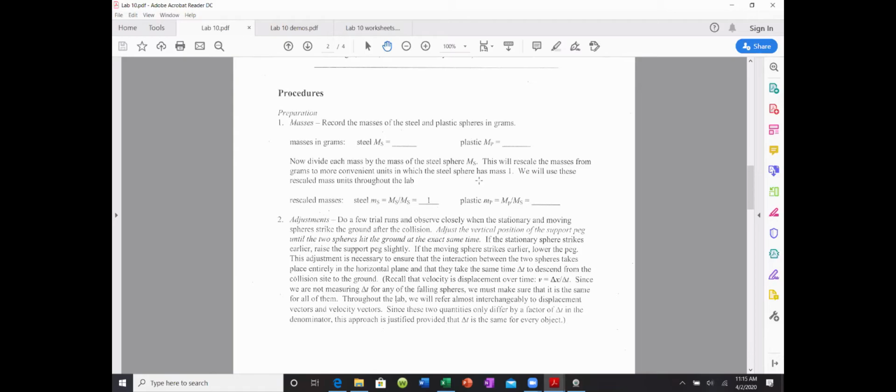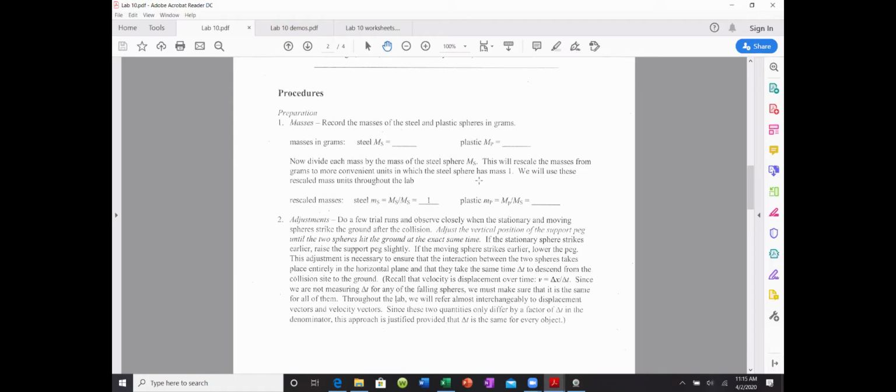So I called them rescaled units. Lowercase m is rescaled values. Uppercase M is grams.